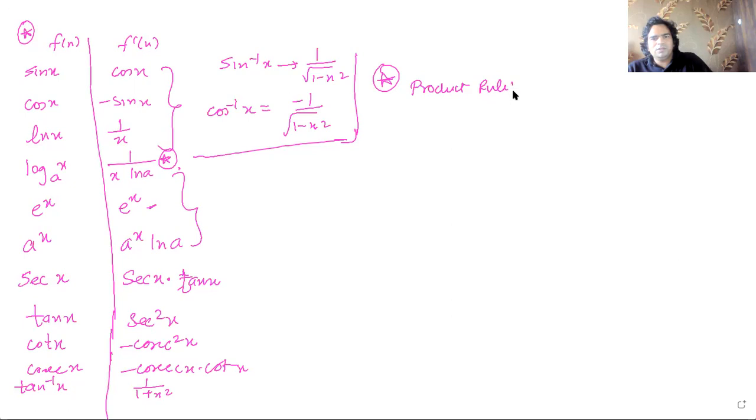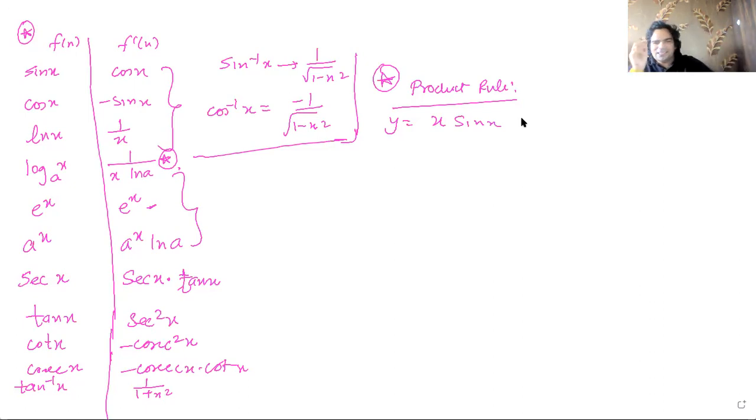Suppose I have y equals x times sine x. There is no direct formula. I have the formula for x to the power 1, and I have a formula for sine x, but there is no direct formula for x times sine x. So in this case, how do we differentiate? What will be our skill of differentiation?